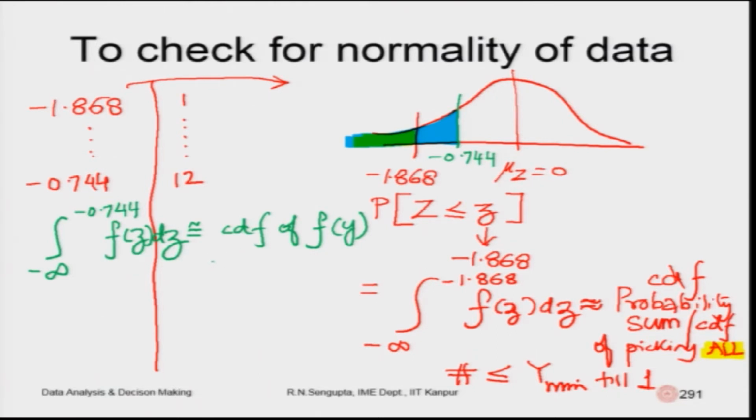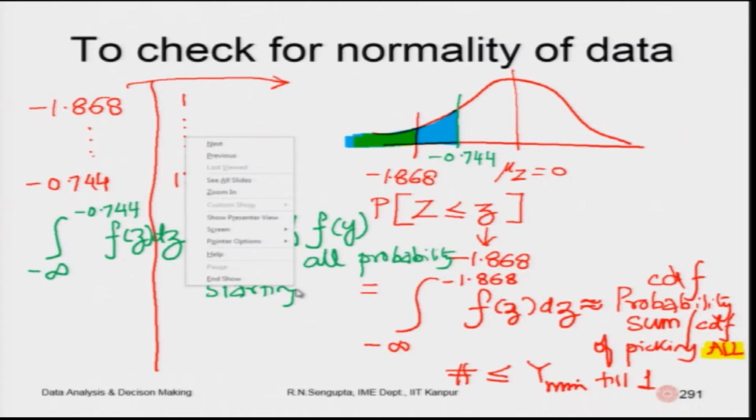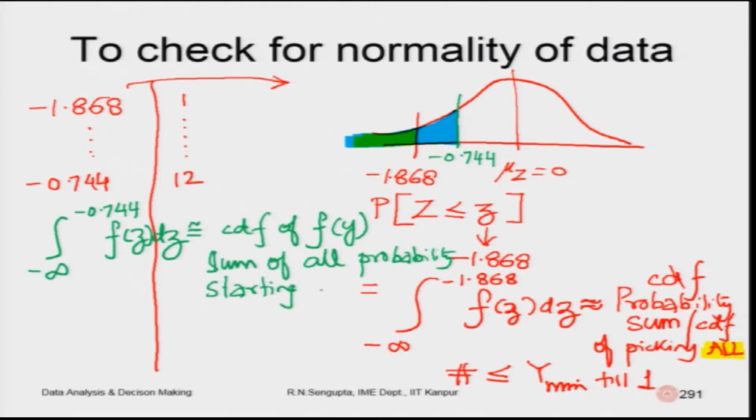So, that will be the sum of all probabilities starting from 1 to 12.